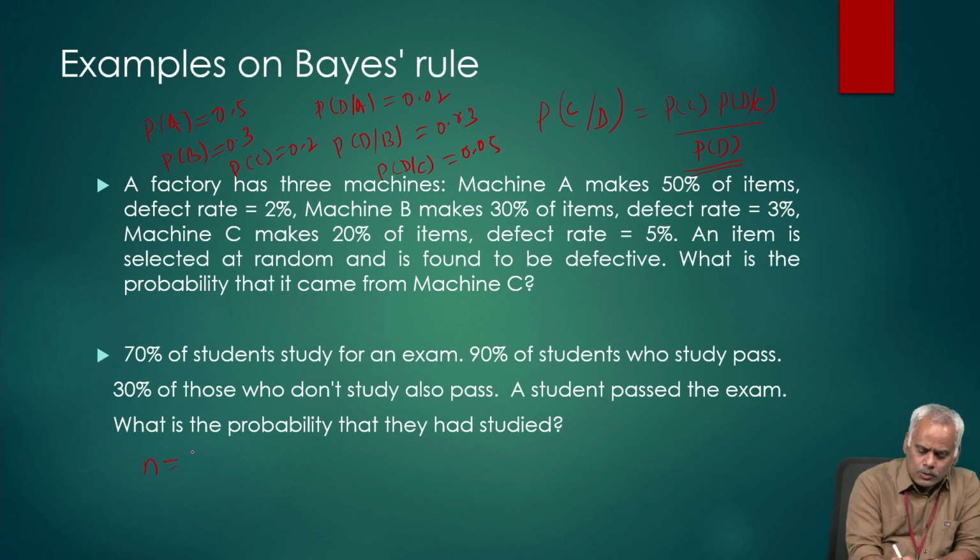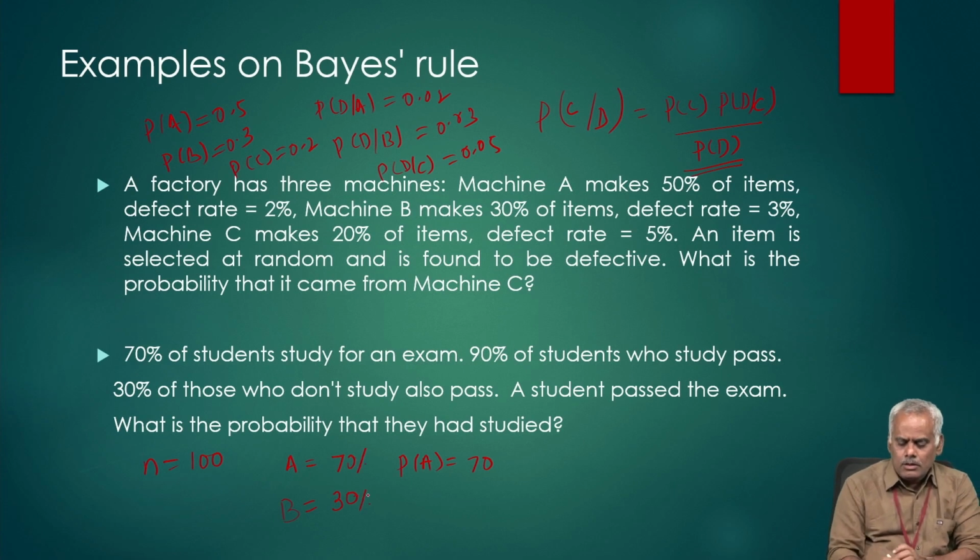So if there are 100 students, 70% of the students study for an examination. So A is equal to 70, or probability of A is equal to 70%. B is 30%. That is, students do not study for examination.